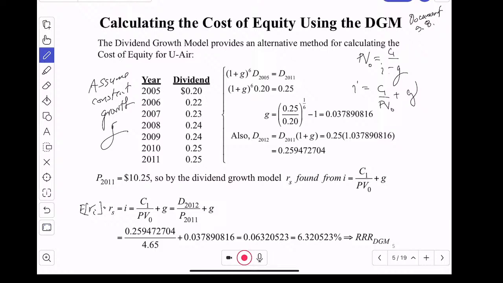So I need the dividend, I need the price, and I'm doing this for year 2000 and for 2011.